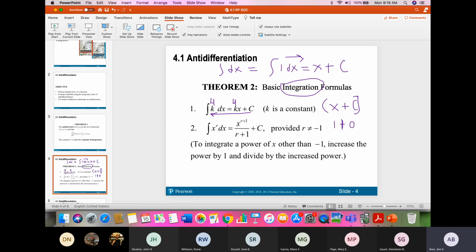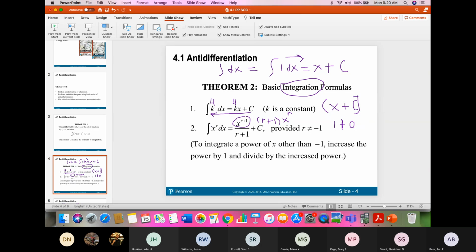So if I were to differentiate this to check, that derivative would be r plus 1 times x, and then we take the old exponent, r plus 1, and subtract 1. We're just going to get r. Now, this isn't what we have. We have the x to the r here, but we don't have the r plus 1 here.